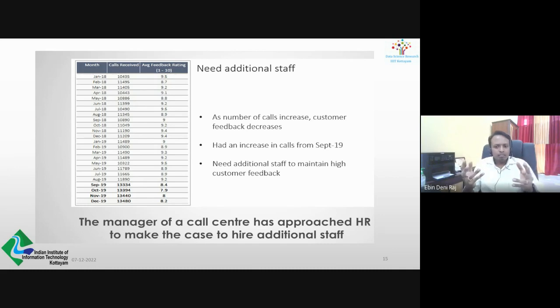The author has started with a title which explains what these numbers are telling us, that they need additional staff. They provided some comments that read: number of calls increase and customer feedback decreases. They had an increase in calls from September 2019, and they need additional staff to maintain high customer feedback. That's the intention.